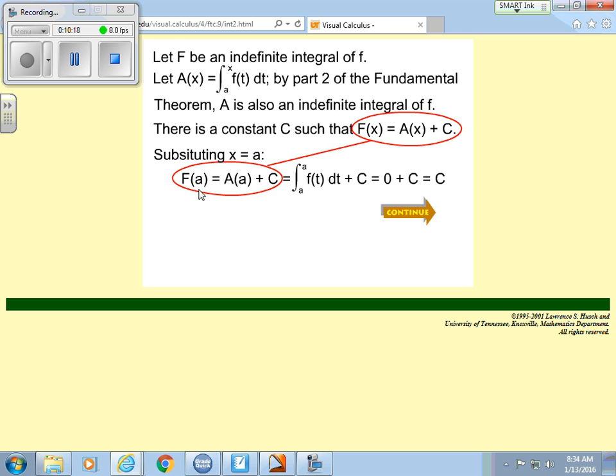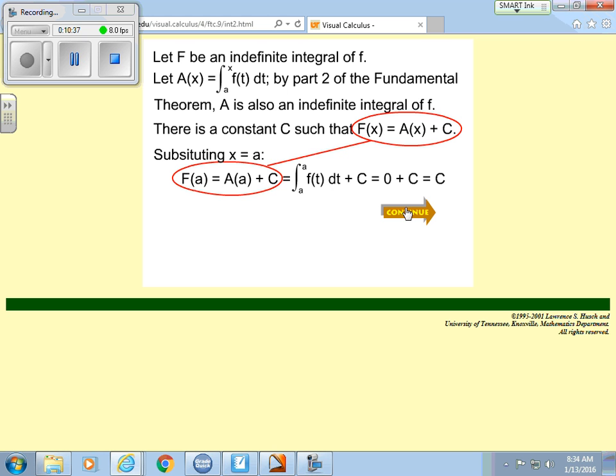If we substitute a in F of x, then that equals A of a plus c, which is the integral from a to a of f of t dt. What do we know about the integral from a to a of anything? That equals 0.